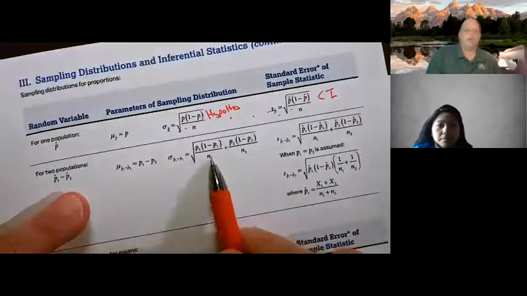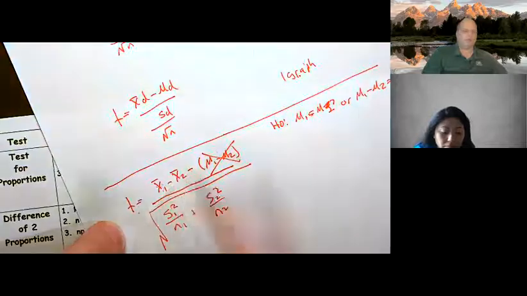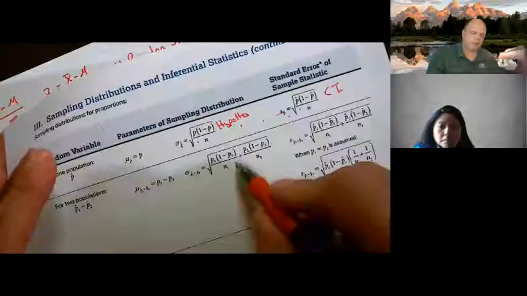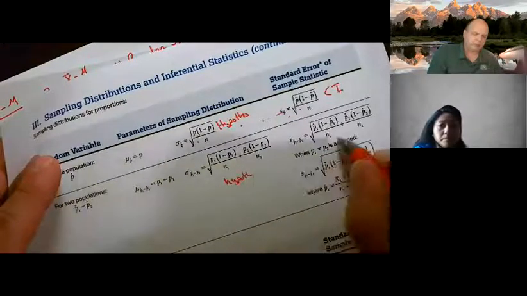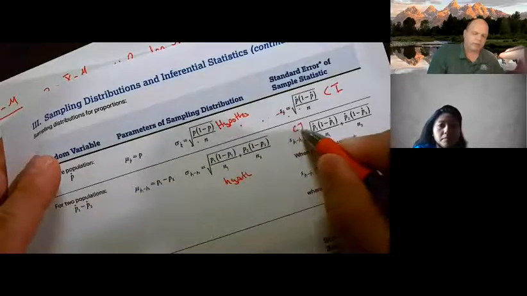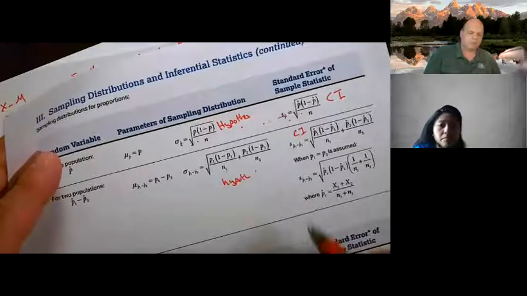Two sample is going to follow the same rules as we just had previously over here. This is going to be p hat 1 minus p hat 2. And guess what? This is hypothesis. And this is confidence interval. Hypothesis test and confidence interval.